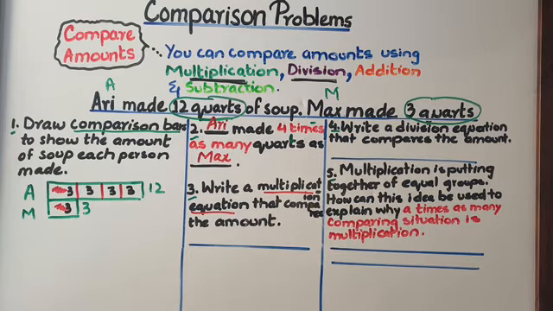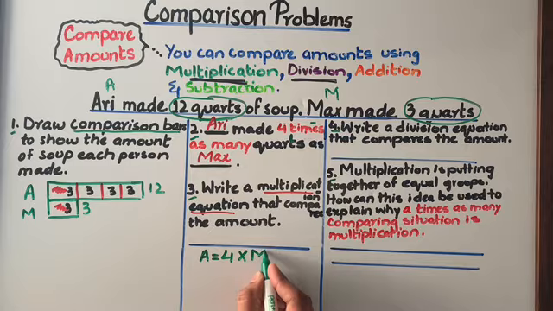Let me show you some work over here. Eddie made 4 times Max's quantity. Eddie's soup quantity is 4 times as many quarts as Max. So this is the multiplication equation.